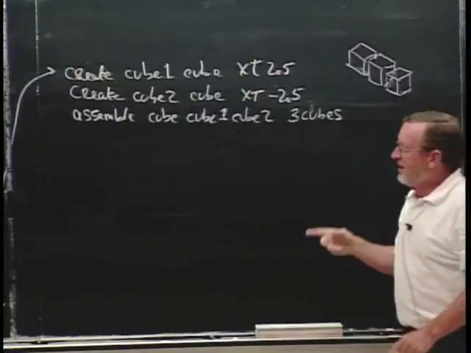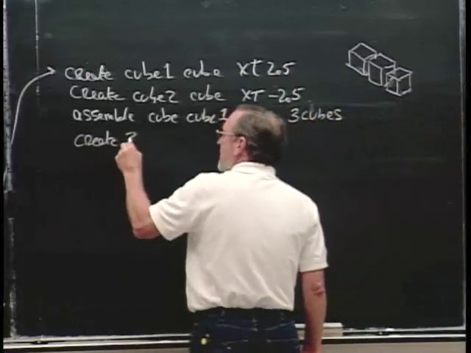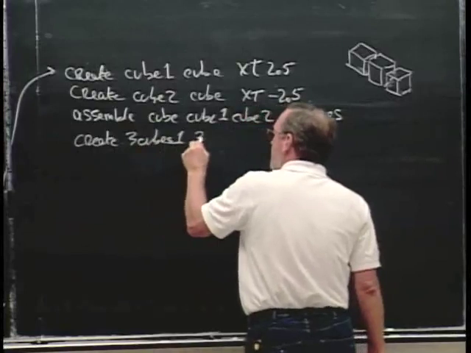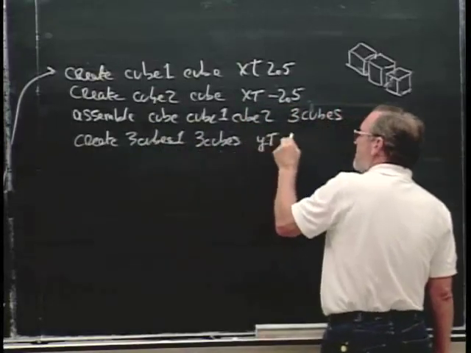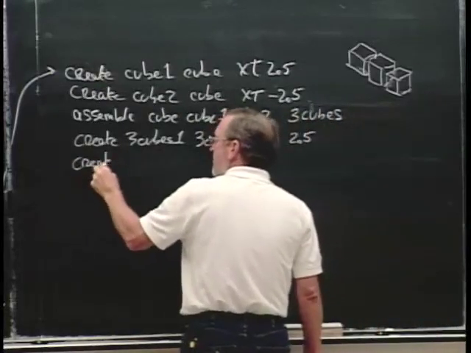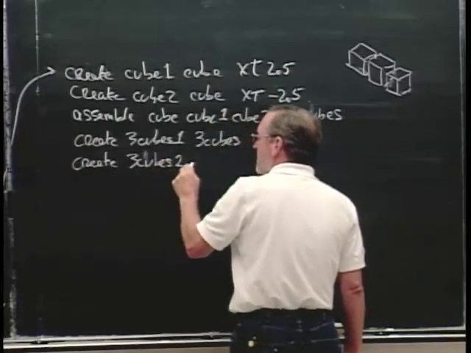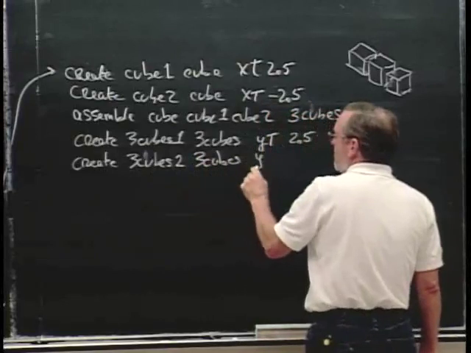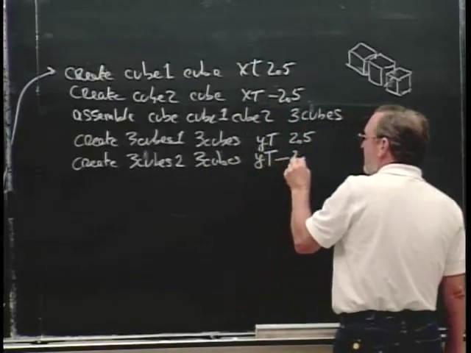Okay. All right, so now I'm going to create 3 cubes 1 from 3 cubes by a y translation of 2.5. I'm going to create 3 cubes 2 from 3 cubes with a y translation of a minus 2.5.